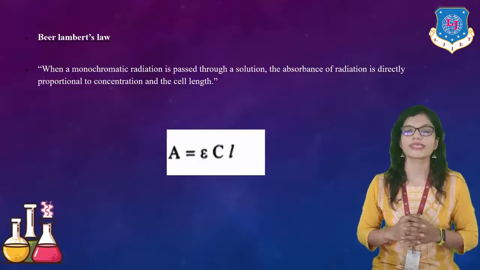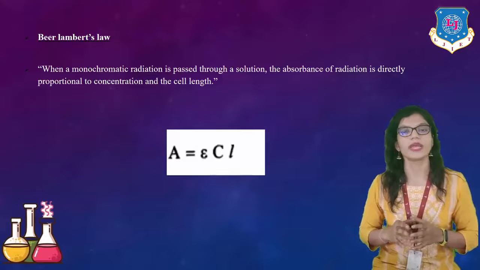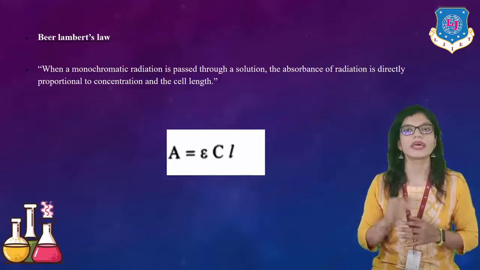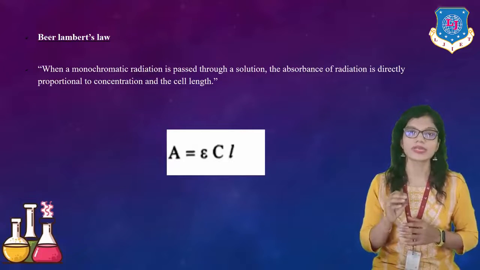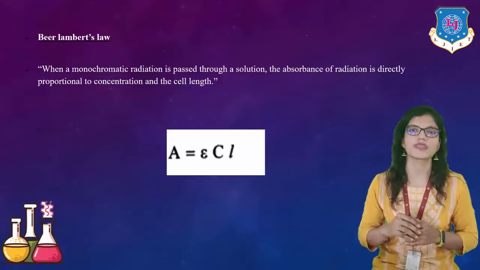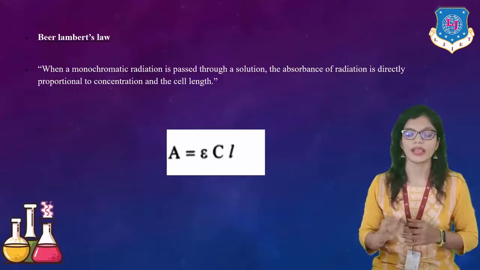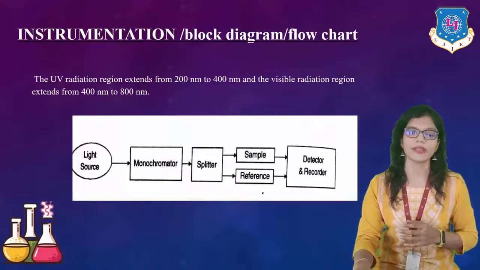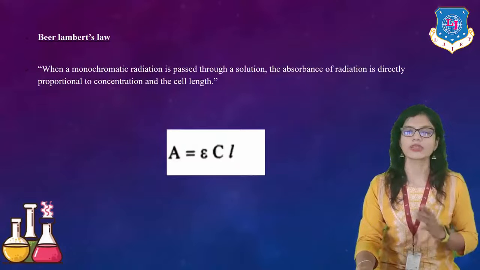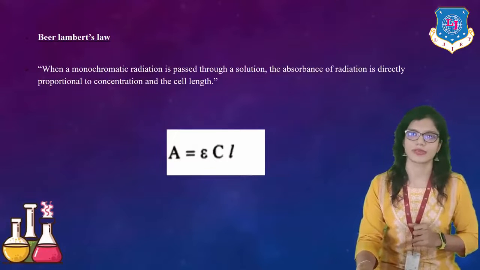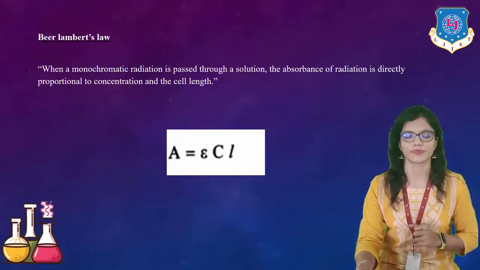So we can denote it as capital A equals epsilon into C into L. Here A is the absorbance, C is the concentration of the sample, and L is basically the length of the sample cell. Right? When we put all the values in this, we can get the absorbance in nanometers.